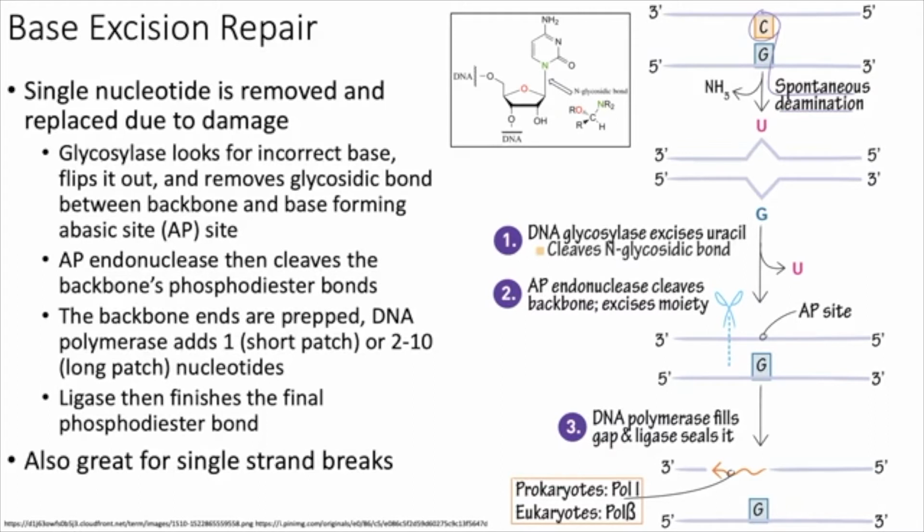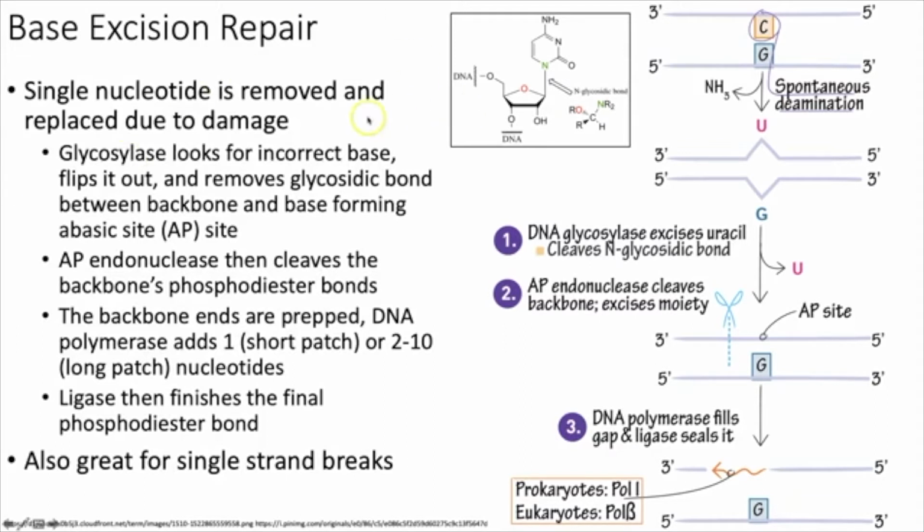So in prokaryotes, it's Pol 1, and in eukaryotes, it's Pol beta, which are not the normal ones that we use to extend our normal DNA strands. So they fill in those gaps, and then you still have one little gap in that backbone, and that's where ligase comes in. Ligase will finish and rebuild that phosphodiester bond, and then you're fixed.